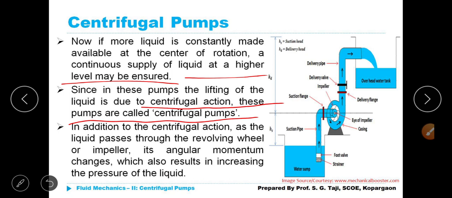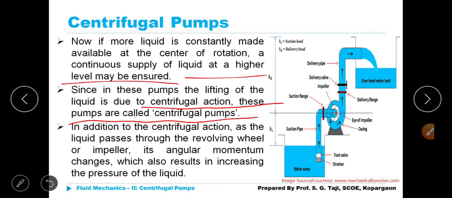That's why different types of centrifugal pumps are used, not the same type. The action, process and principle remain the same, but different types of centrifugal pumps must be deployed so that the different works can be carried out depending upon the type of fluid which we are dealing with.